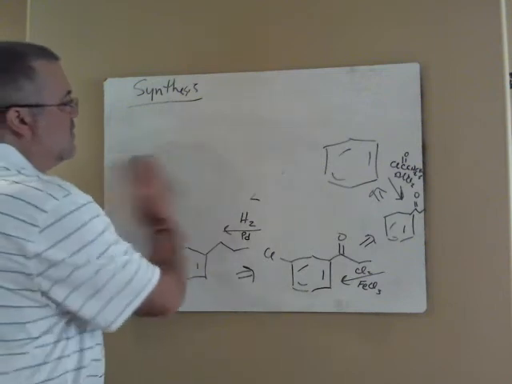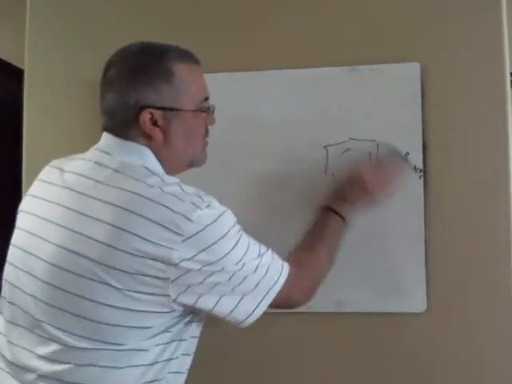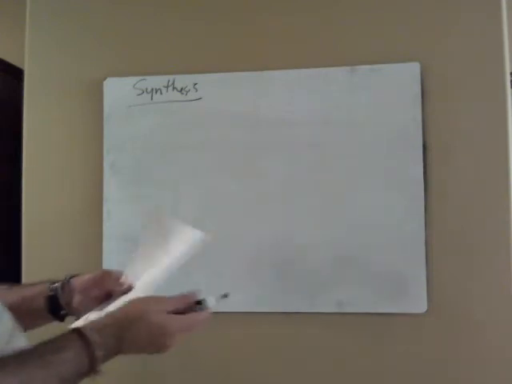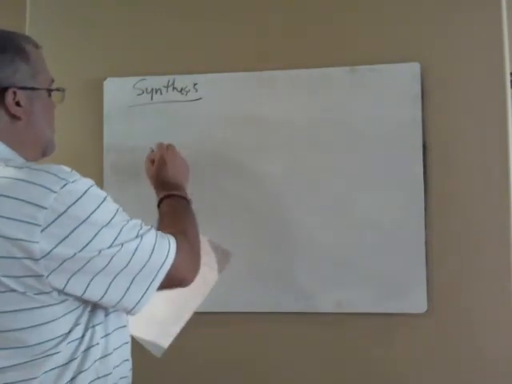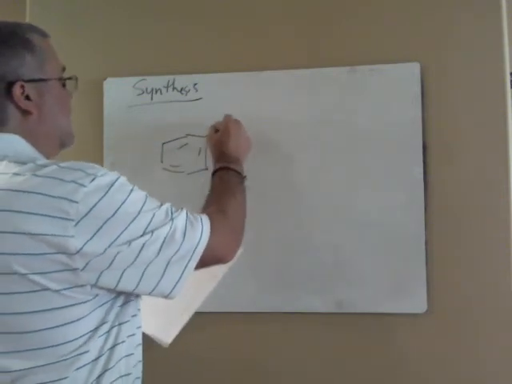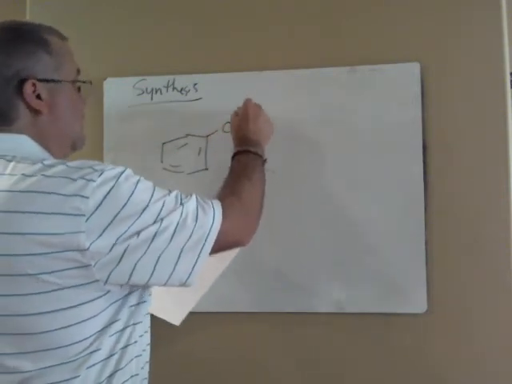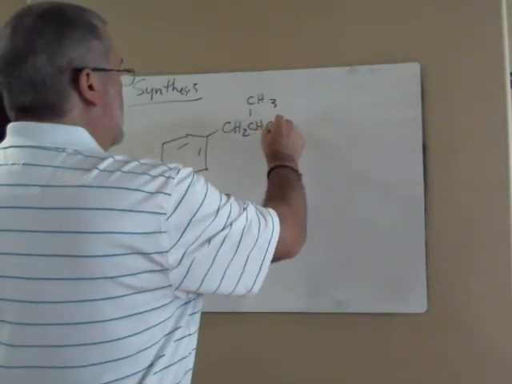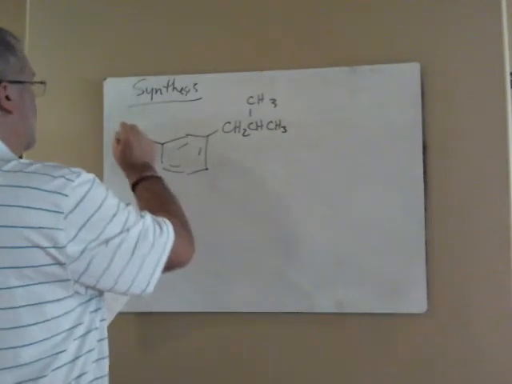So let me give you another synthesis problem. And I think we're coming up with a good stopping point here in a minute. We just want to work through a couple of these synthesis problems. Let's do this. Let's put a branched alkyl group on here.